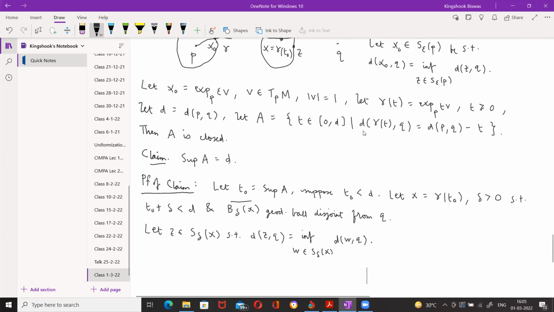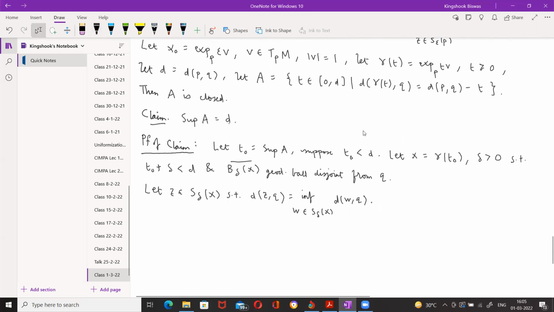So then distance X to Z plus distance Z to Q is greater than or equal to the distance from X to Q.